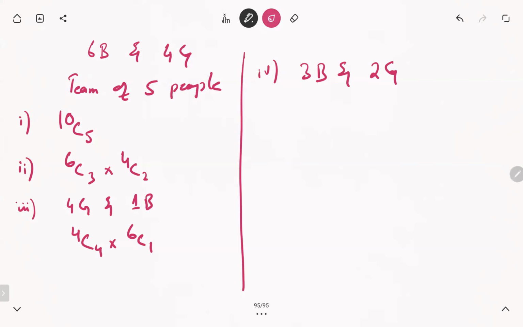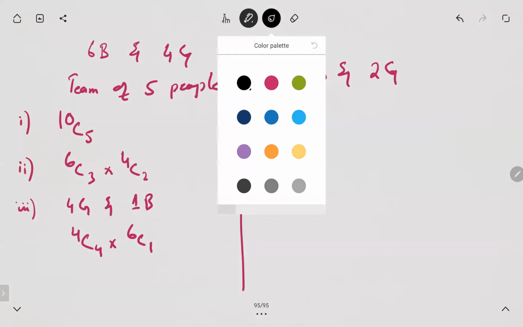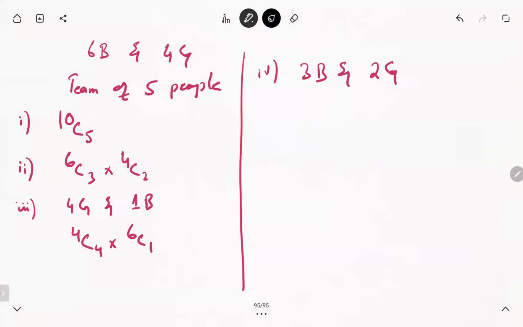See here, if both are not to be in the team, then there are multiple options. One option is that the boy is in the team and the girl is out, so both are not there together. Another option is that particular boy is out of the team and the girl is in the team. That's the second option. There is another third option as well. What is that option? Both are out.